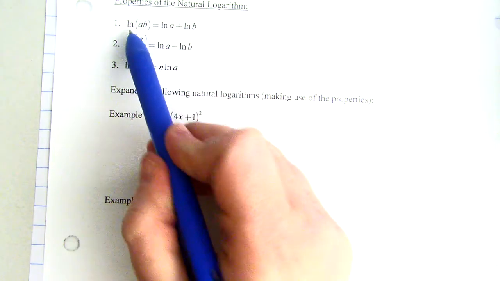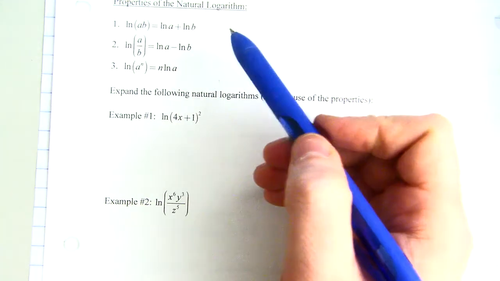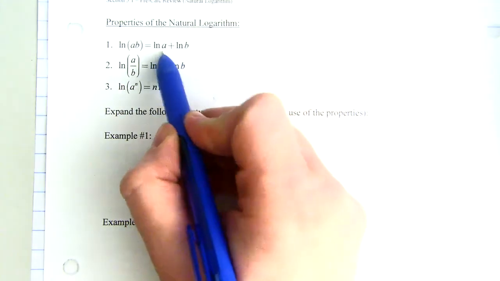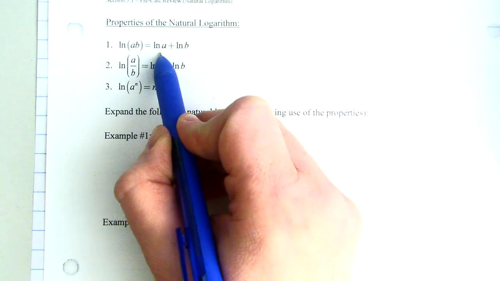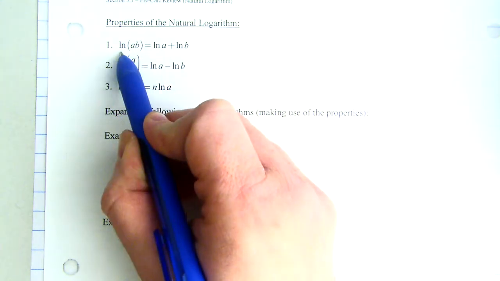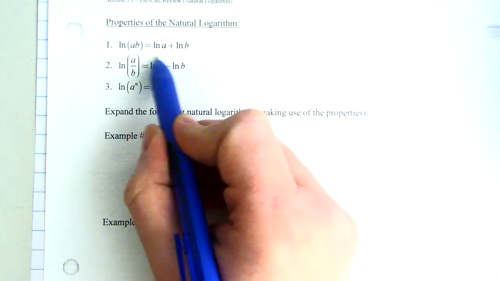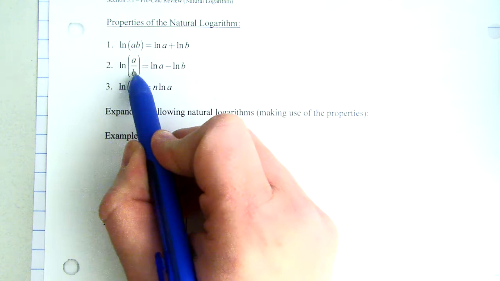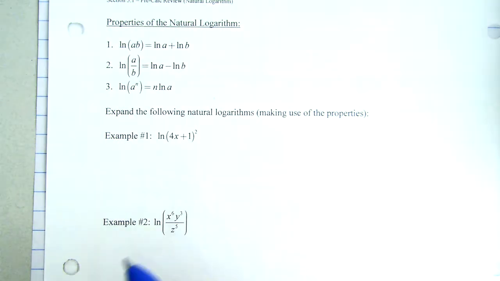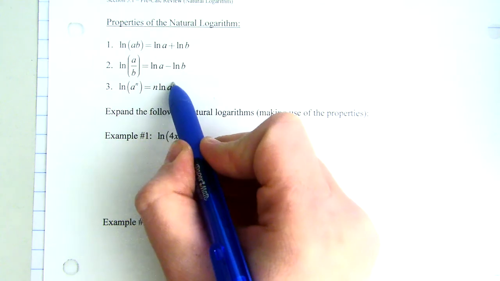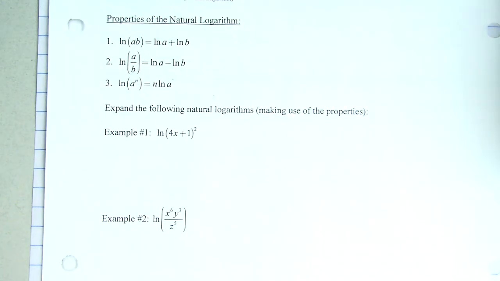Our first property of logarithms, natural logarithms here, but really any sort of logarithm. Our first property says if you add 2 natural logs together, you can combine them into a single natural log, multiplying the things that were inside. If you subtract 2 natural logs, you can combine them to a single natural log, dividing the stuff inside, dividing a by b. If you have a number out front before your natural log, you can make that into a power inside your log. Natural log of a raised to the n.